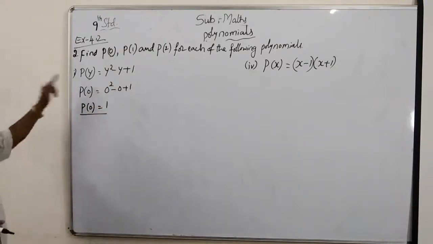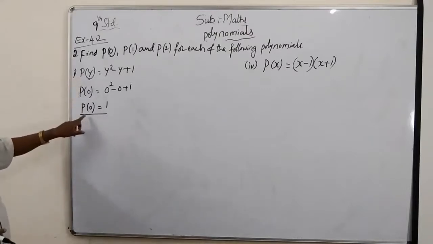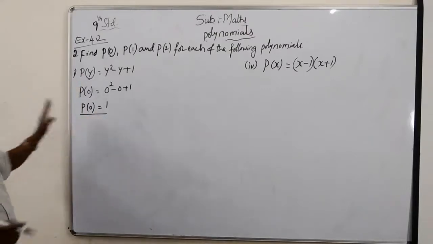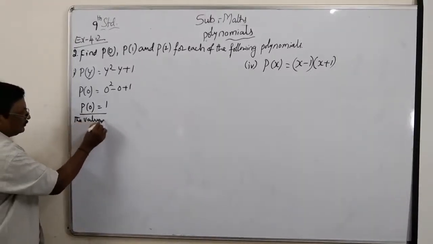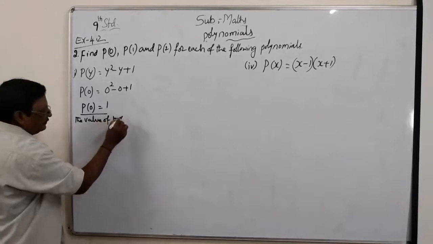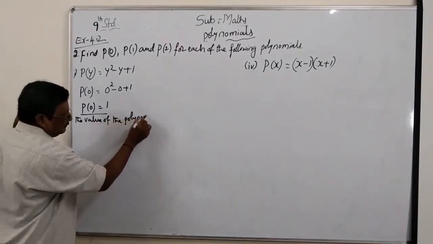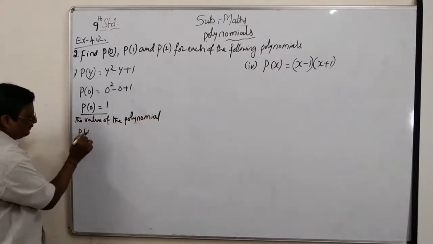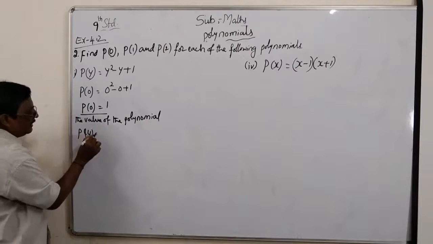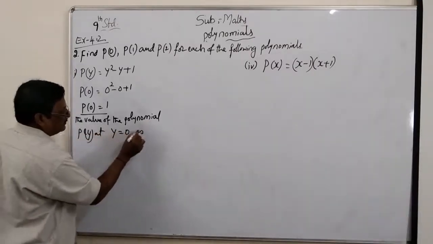It means the value of the polynomial p of y at y is equal to 0 is 1.